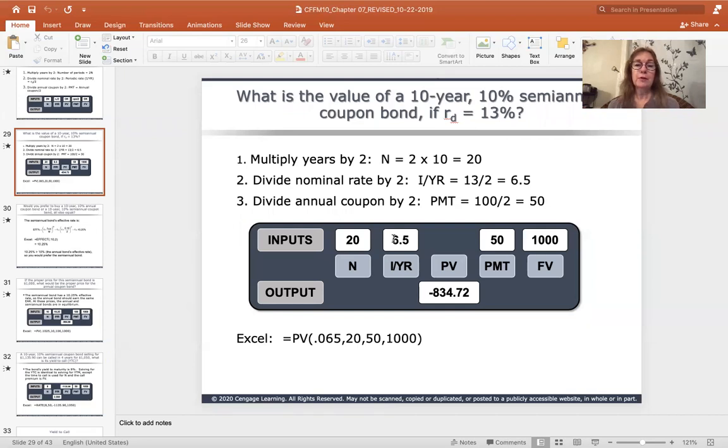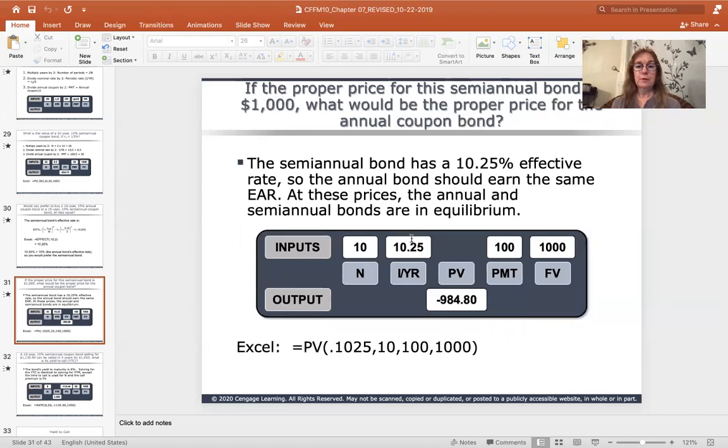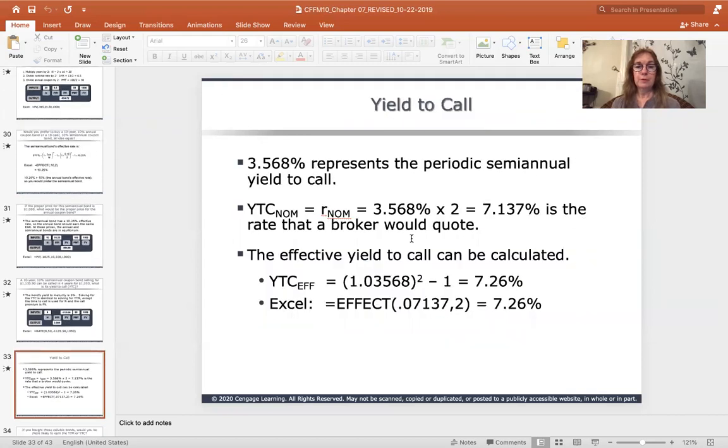So if you have to solve for the yield to maturity, this isn't your final answer. You would have to multiply this by 2 in order to get the final answer. So if you're calculating the yield to maturity for a semi-annual coupon bond, you have to multiply the answer that you get on the calculator by 2 for your final answer.